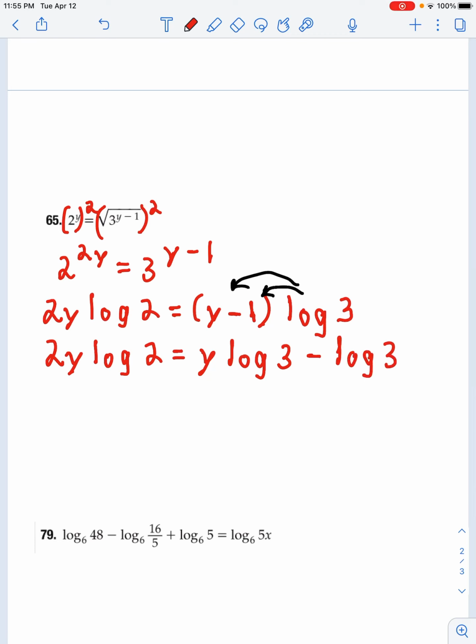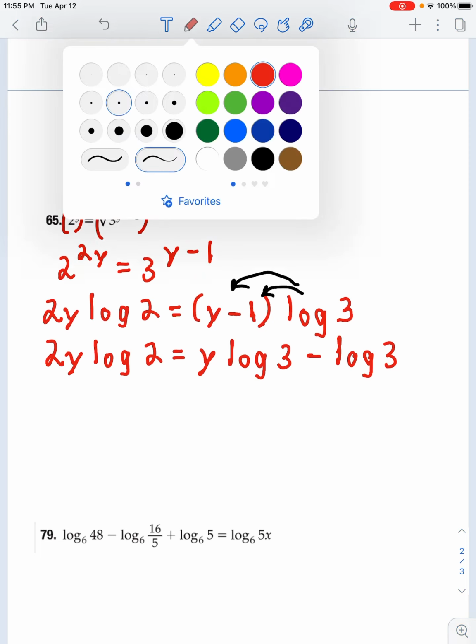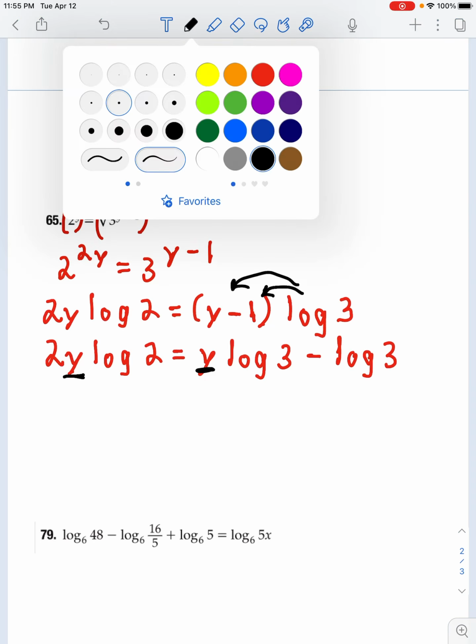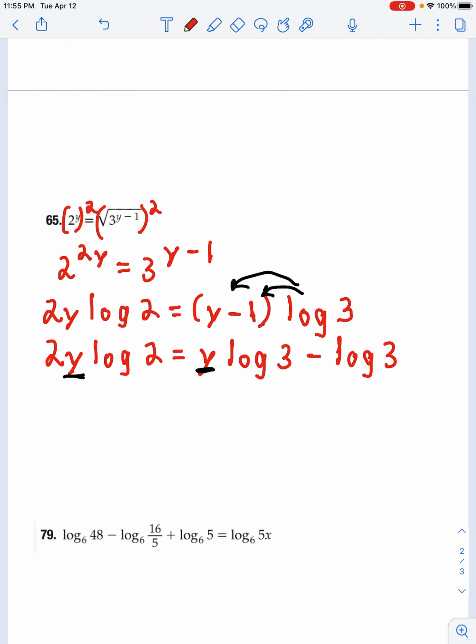Since the 1 will look like an L, I'm just going to write minus log 3, which implies the same thing. The y's, unfortunately, occur on both sides of my equation. So the first thing I'm going to need to do is get the variable terms on the same side and everything else on the other side.